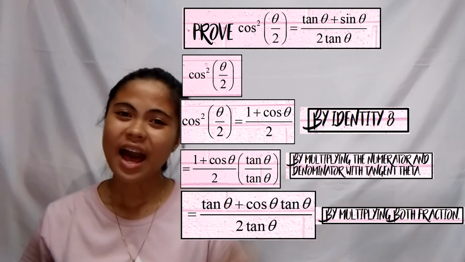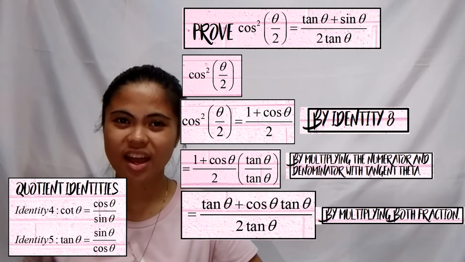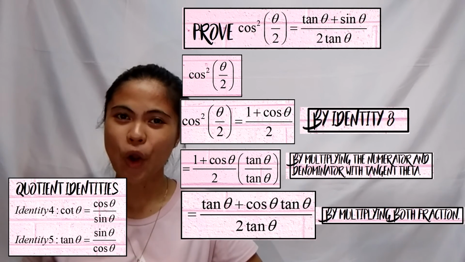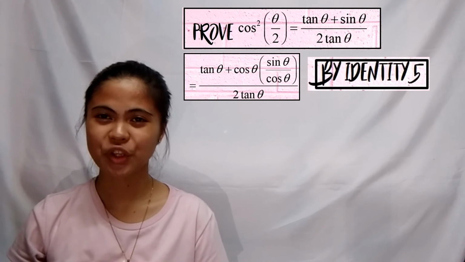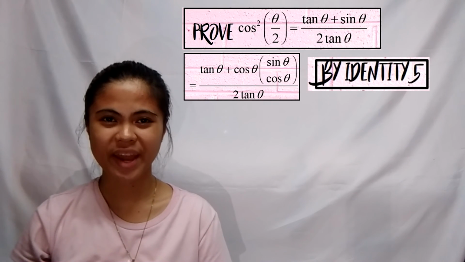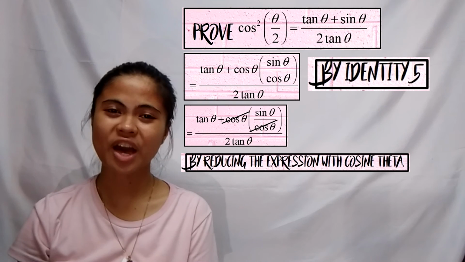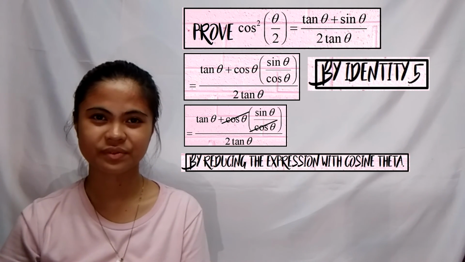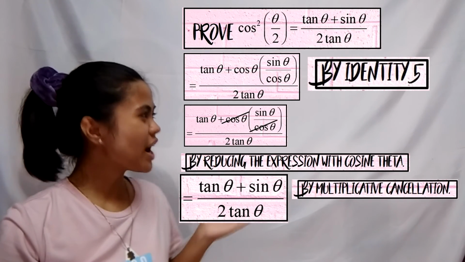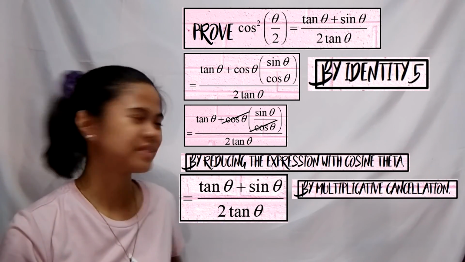So we can use identity number 5, which is tangent theta is equal to sine theta over cosine theta. But the tangent in the numerator is the only tangent that we have to change. Now, we have to reduce our equation by cancelling cosine. Now, we arrive at this equation by multiplicative cancellation.